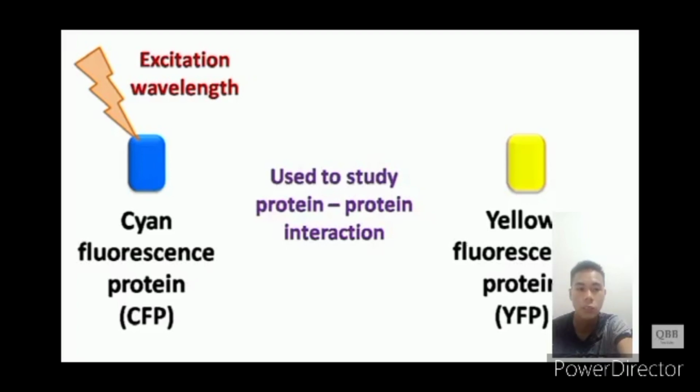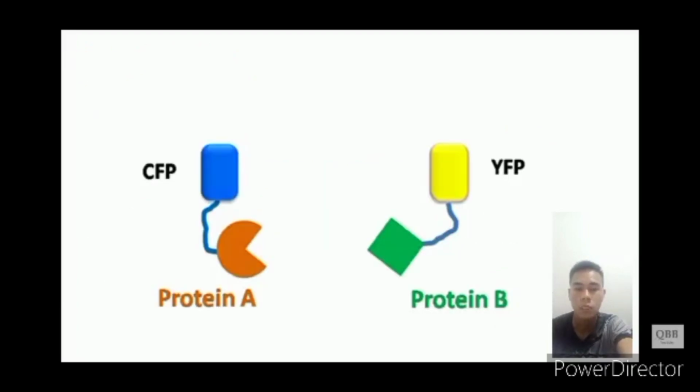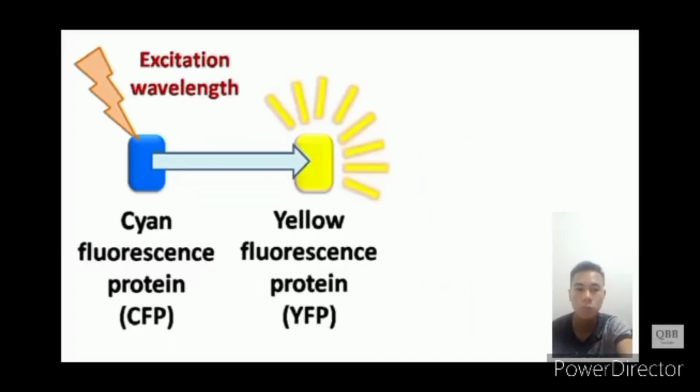So in this slide, we assume that cyan fluorescent protein serves as protein A and yellow fluorescent protein serves as protein B. The process starts with the excitation wavelength that gives energy to the cyan fluorescent protein, and then that energy is donated to the yellow fluorescent protein.